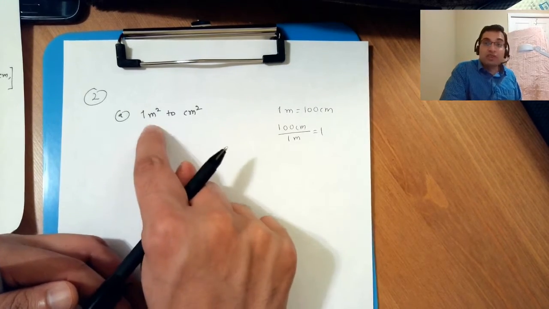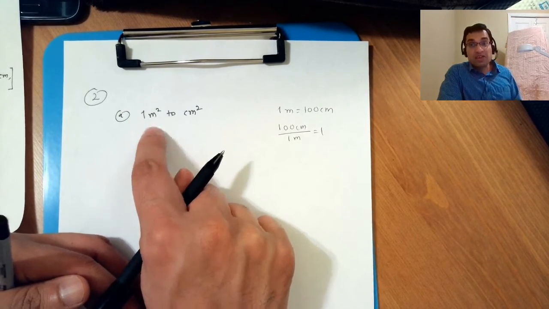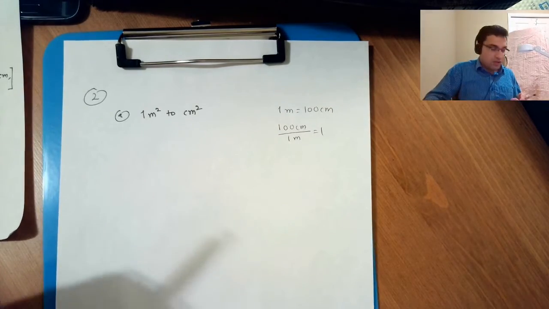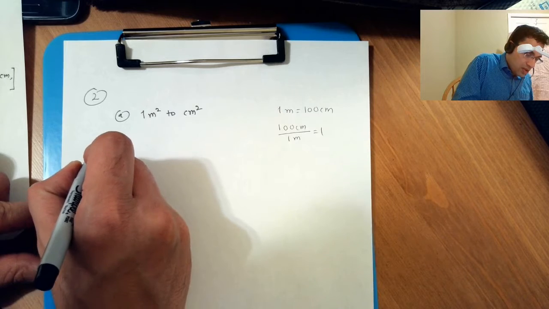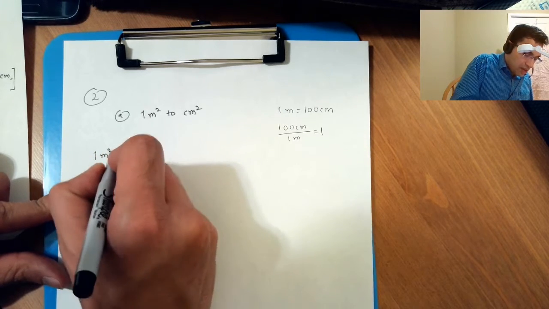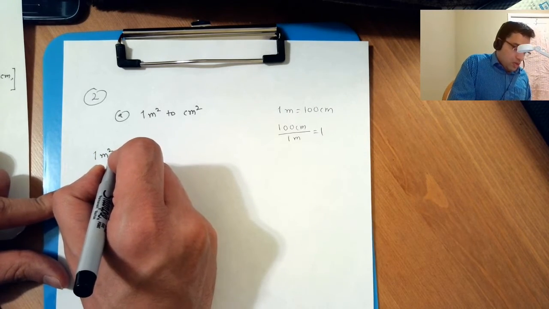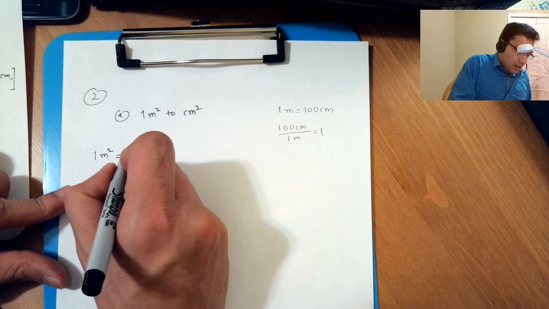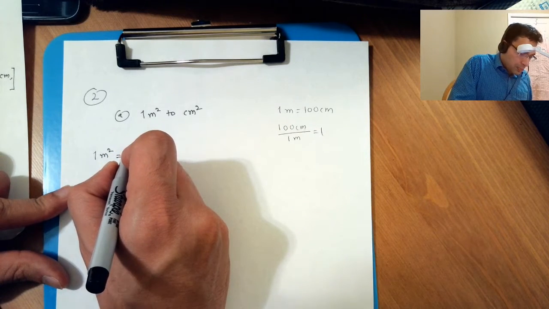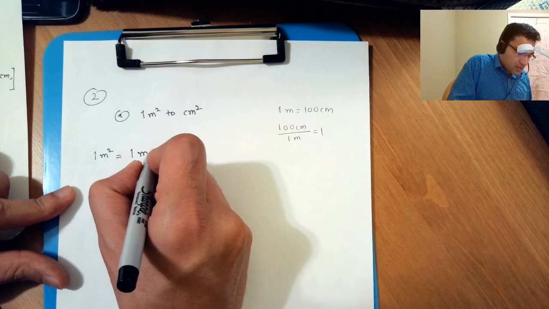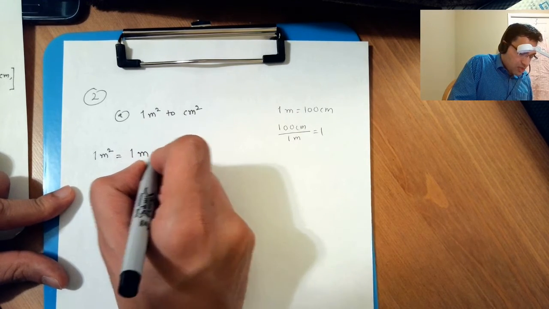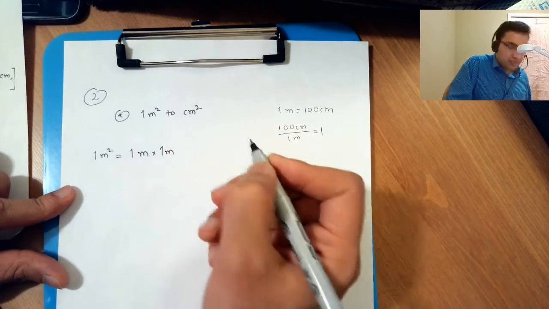But this is meter square. So it's meter times meter, right? That's the square. So it's 1 meter square, which is essentially 1 meter times 1 meter.